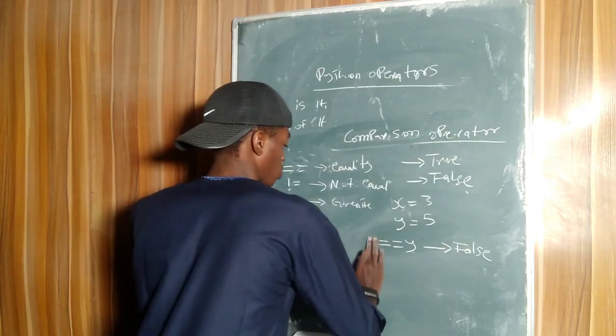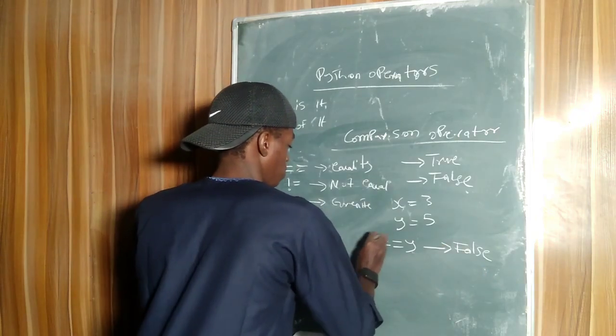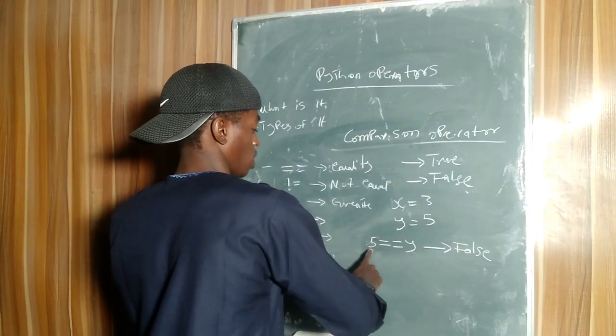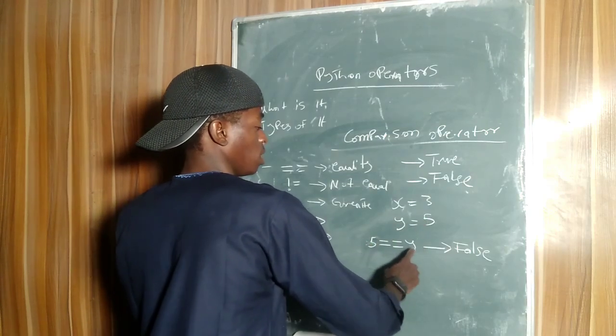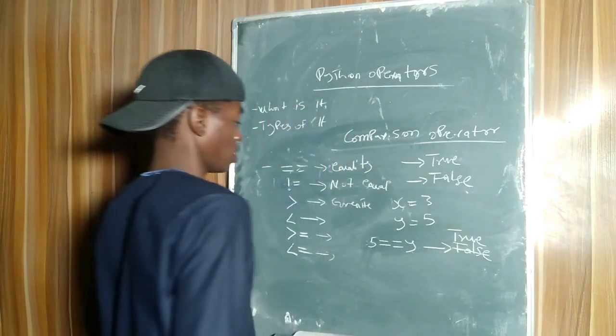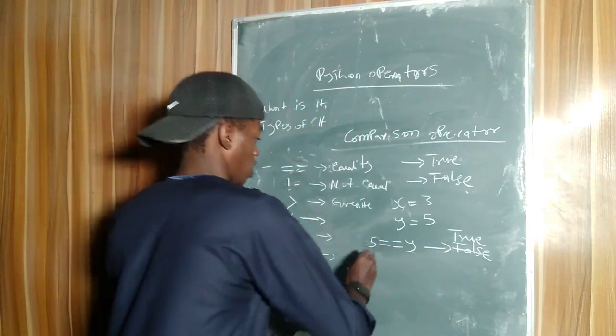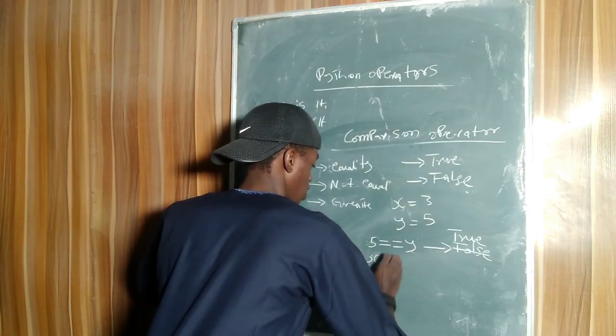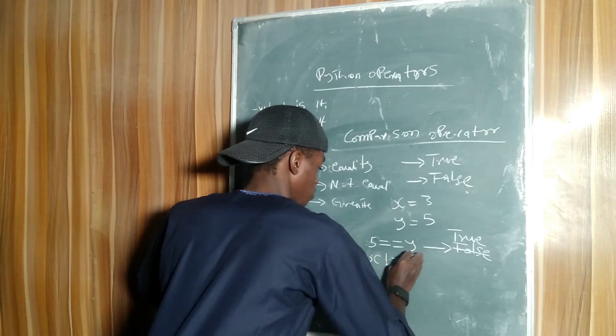But if I do something like this and I say 5, is it equivalent to y? What we stored inside y is 5. Then it's just like asking, is 5 equivalent to 5? Then we're going to see the output of true. And also if I ask, for example, is x not equal to y?